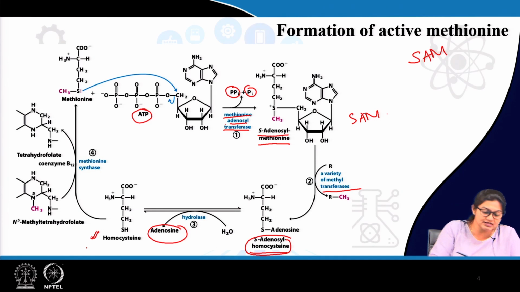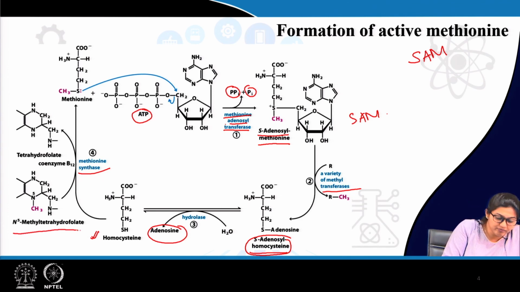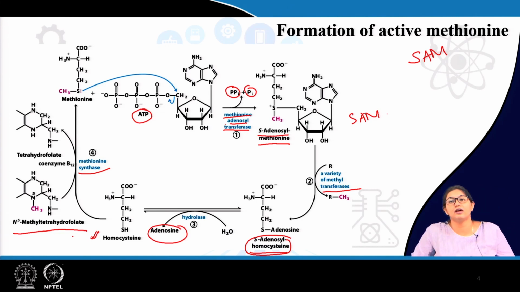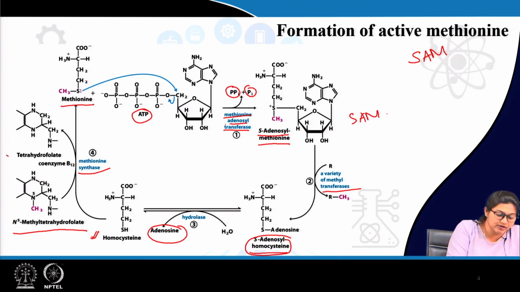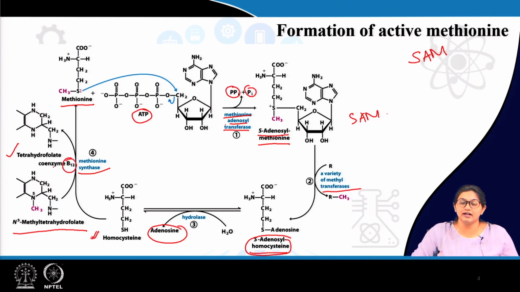Via methionine synthase. The enzyme here is methionine synthase, and with the help of the molecule methyl tetrahydrofolate, methyl tetrahydrofolate transfers its methyl group to homocysteine. So, we get methionine, whereas methyl tetrahydrofolate is converted to tetrahydrofolate, and this is a vitamin B12 dependent reaction.